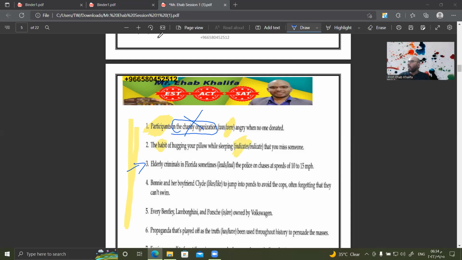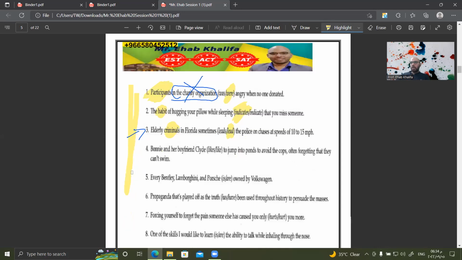Excellent. All of you answered it correctly, almost, I guess. No one else. Criminals lead, because criminals, plural, lead, plural verb, more than perfect. Number 4, quickly, guys, because we have a reading passage.